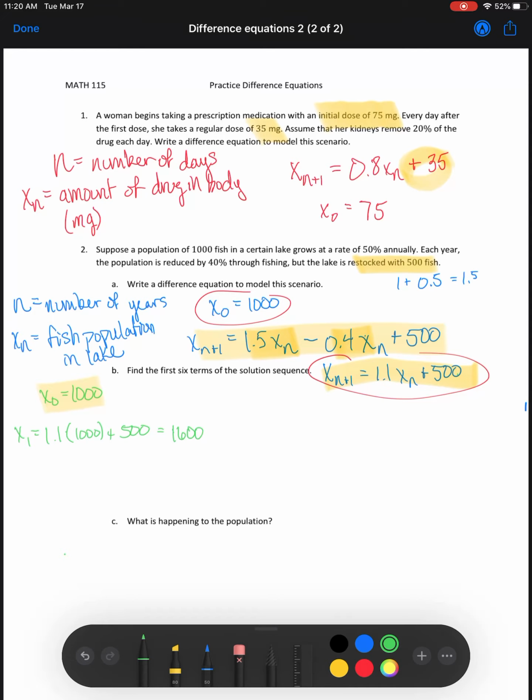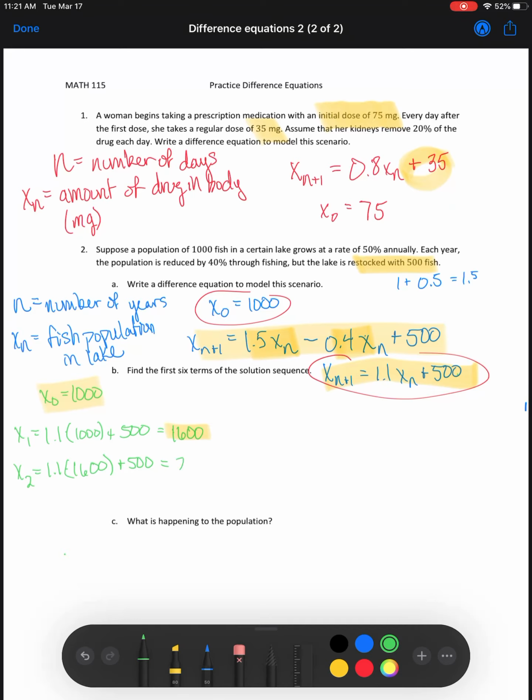Similarly, we would want to calculate x_2. How do we do that? Well, we do 1.1 times the output that we got right here, the 1600, and then plus 500. Again, that's saying 1.1 times the previous year's fish population plus 500.